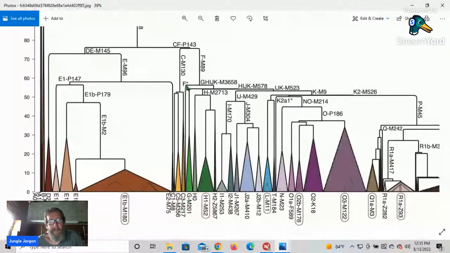F is just a sliver right here. Not very well represented according to this, but there's F1, F2, and F3, I believe, and other divisions of F, which is Anatolia and places like that.